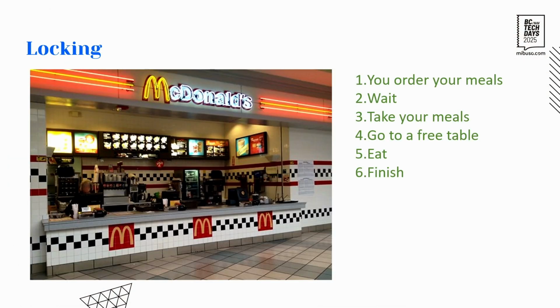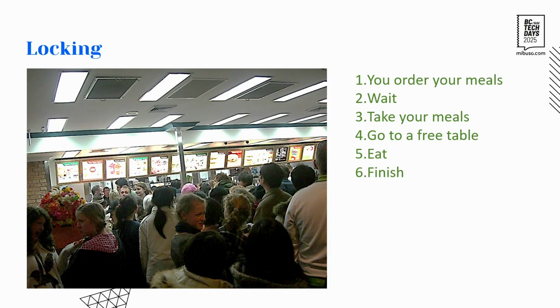So imagine you and your friend, wife, spouse, whatever, go to a burger joint, and the process is you go over there to the counter, you order your meal, you wait, you take your meals and go to a free table, eat, go out, right? Now, sometimes it looks like this, right? There are a lot of people, and you do the same, right? You go to order your meals, wait, and so on.